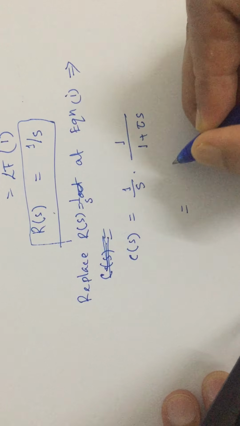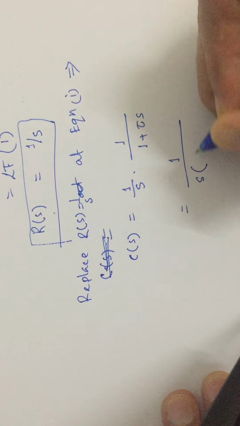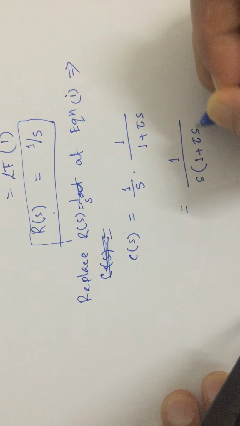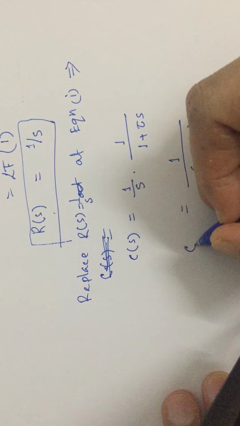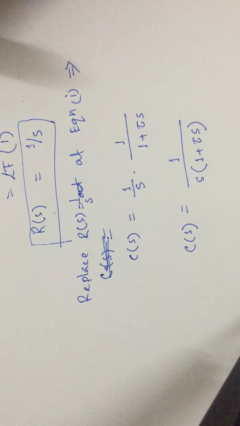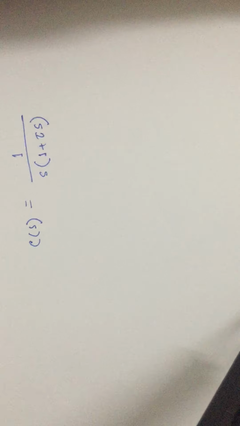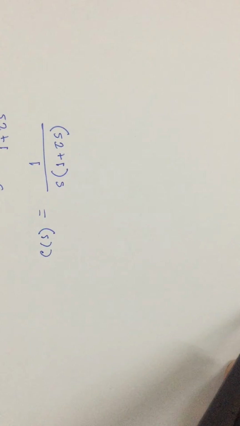So we can write C of s equal 1 over s(1 plus tau s). Very good, we already have the C of s output signal in the s domain.